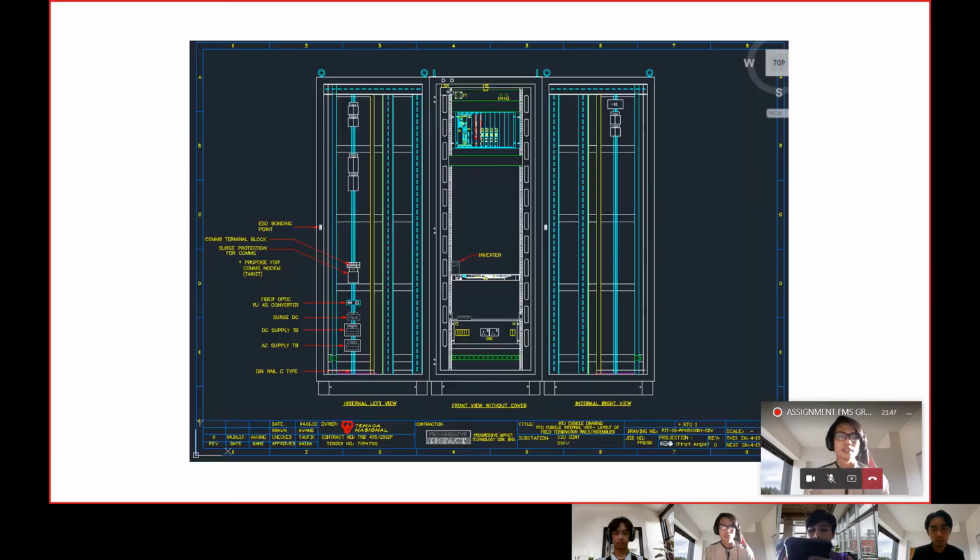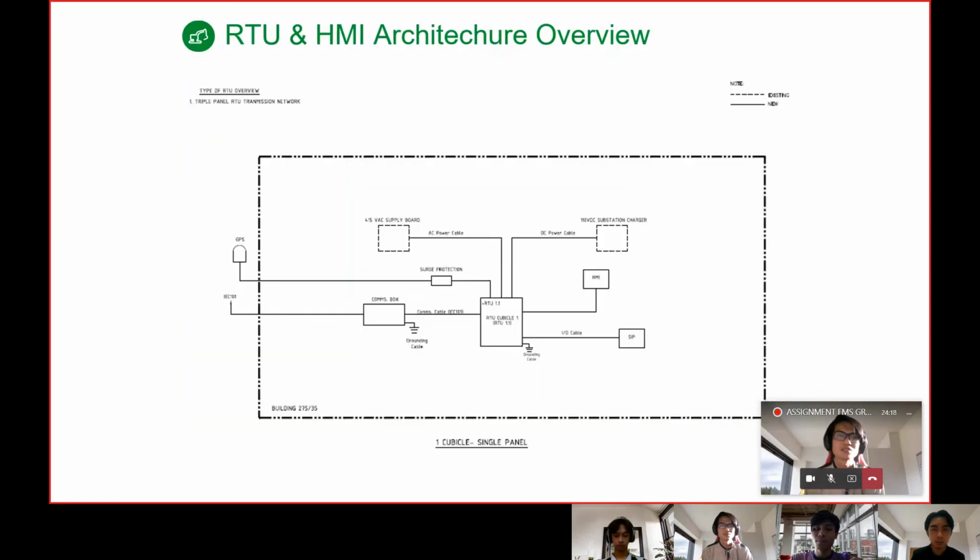Okay, this slide is one of the example AutoCAD drawings for the TMB cabinet for digital input. We can see there is some AC supply, DC supply, and fiber optic cable.